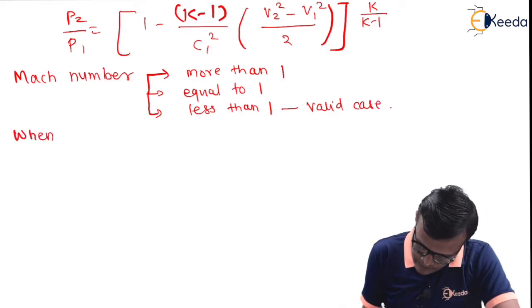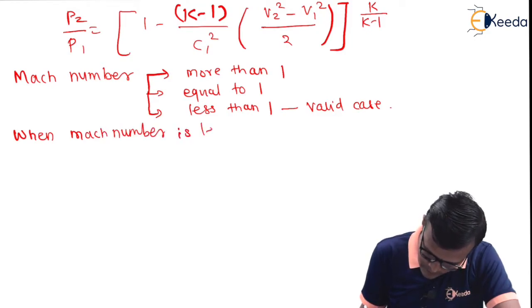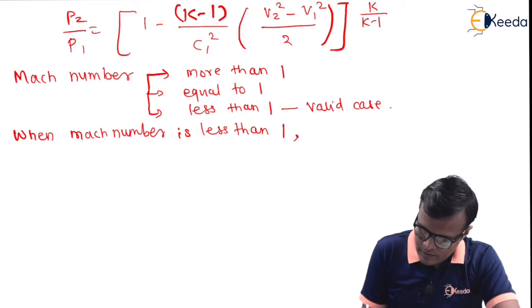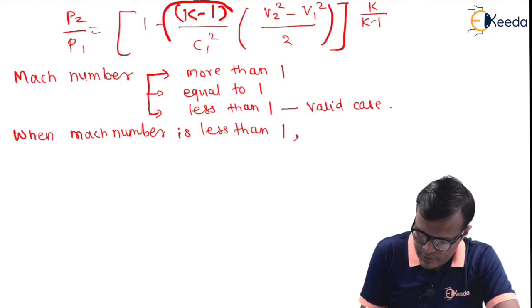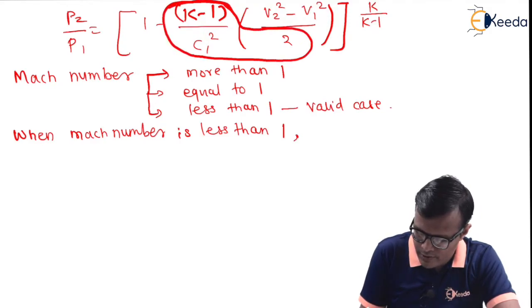So when Mach number is less than 1, we have this ratio, K minus 1 upon C1 square into 2. I am highlighting the portion. Just look at the highlighted portion.